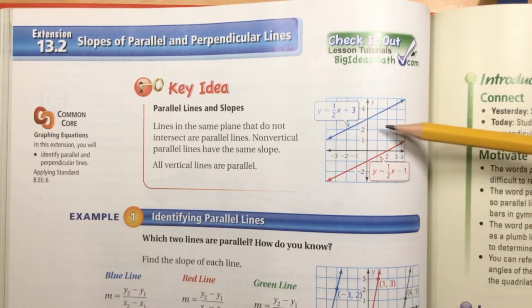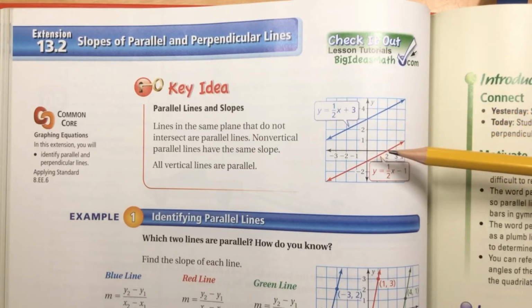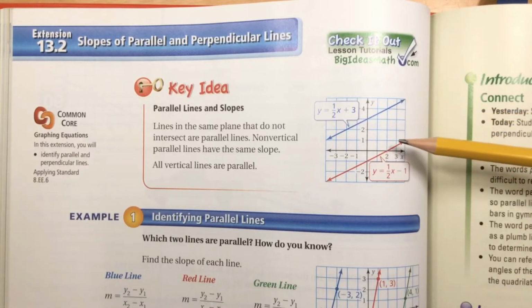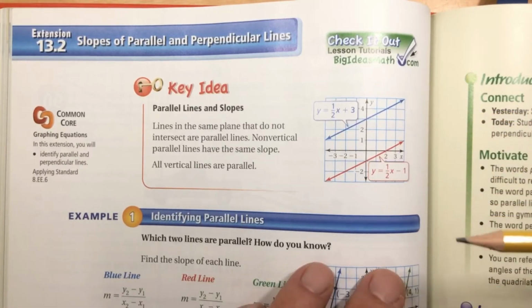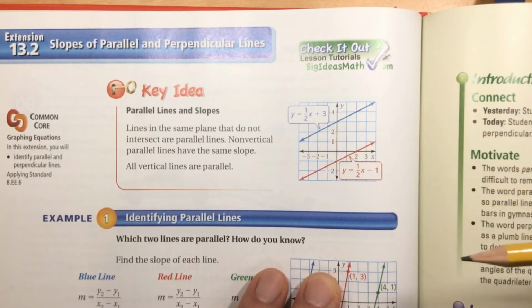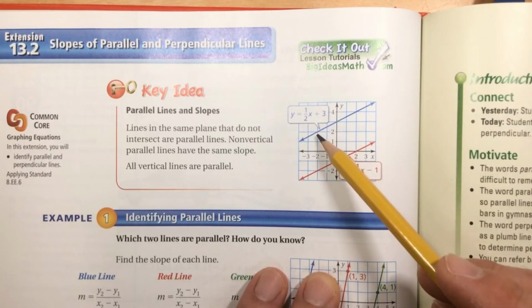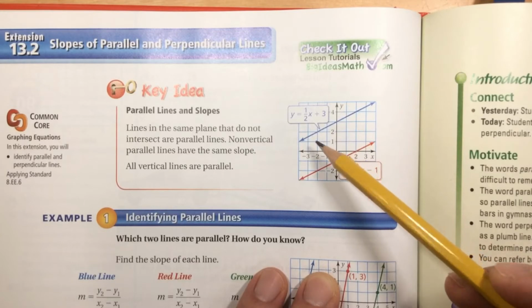They are parallel. And we can tell they're parallel not just because they sure do look parallel, because they could just be off by the tiniest bit and they're still going to look parallel to us. The reason we know that they're parallel is because they both have the same slope. The slope of each of these lines, if you'll look, here's a spot where it goes through the intersection, and here's another spot it goes through the intersection.